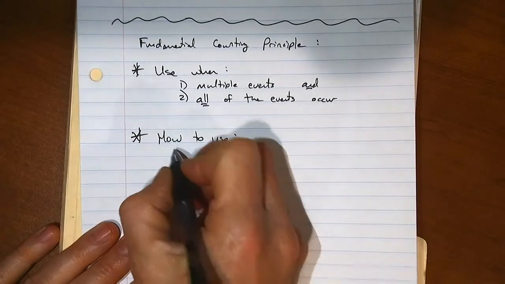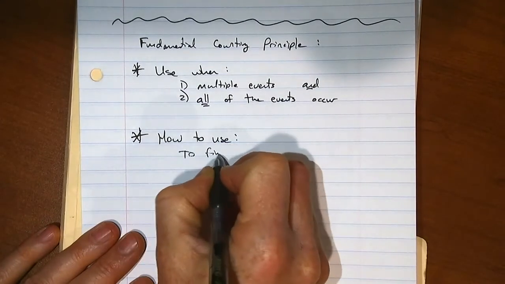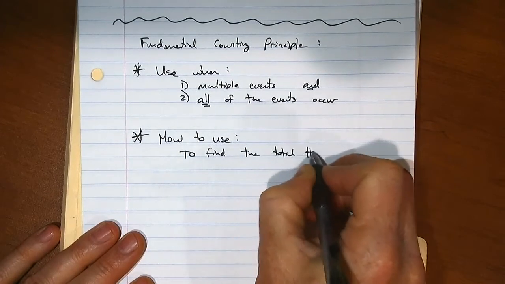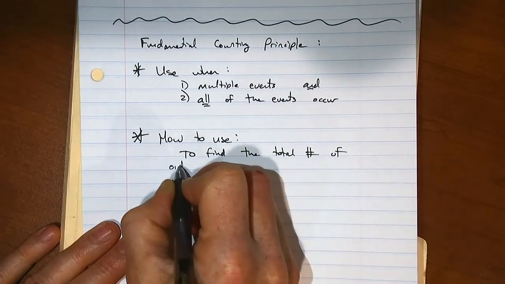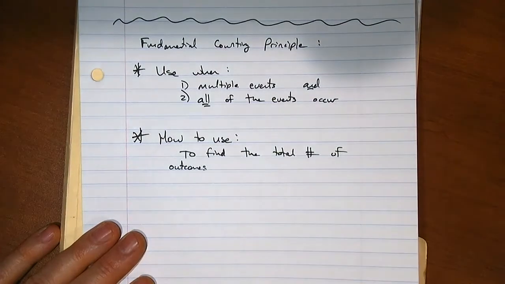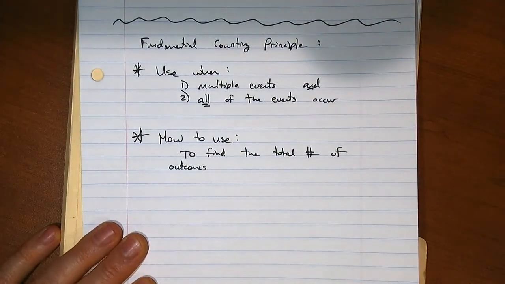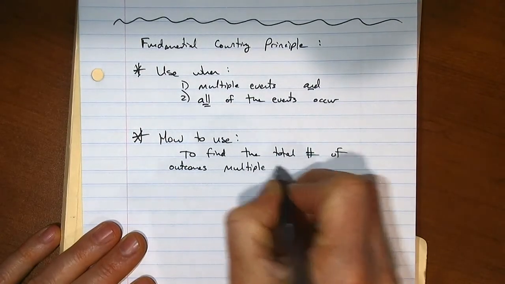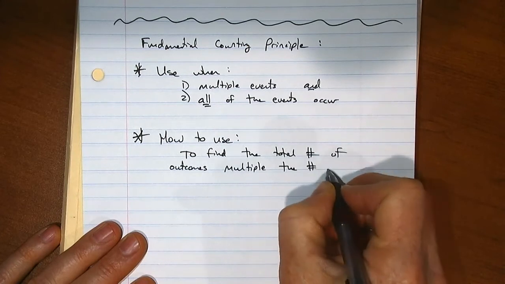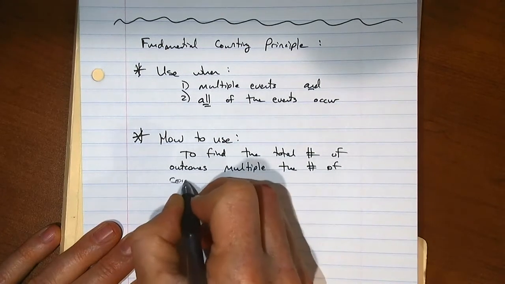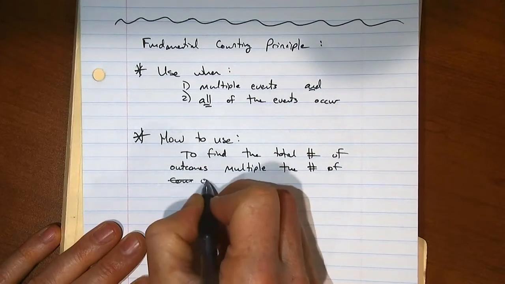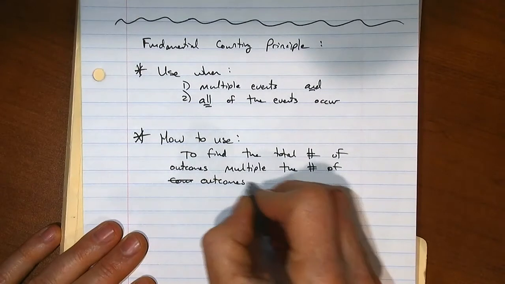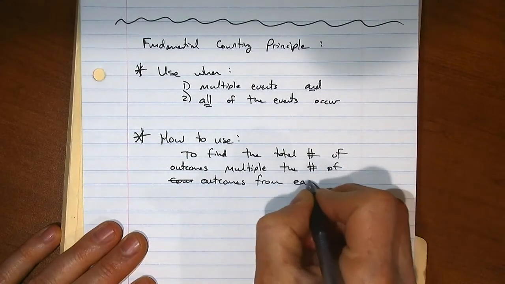The fundamental counting principle says to find the total number of outcomes, multiply the number of outcomes from each event.